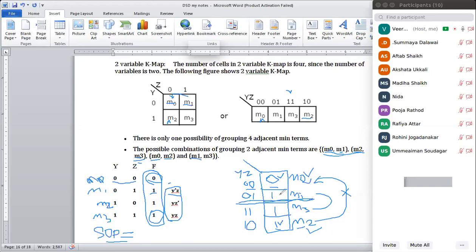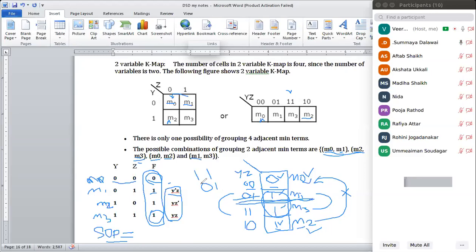But where will I go now? As M1 and M3 have the same pattern, whenever I fold this, M3 will be laid upon M1 and I will consider only this value. When I lay M3 on M1, M1 is 0, 1 and M3 is 1, 1.